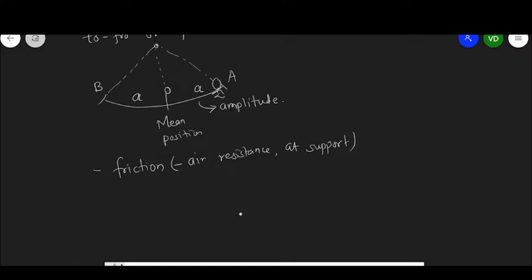Now suppose we have this oscillation, and if we somehow make the friction zero, then what will happen? Then we can have the oscillations for infinite time. Now how can we show this oscillation?